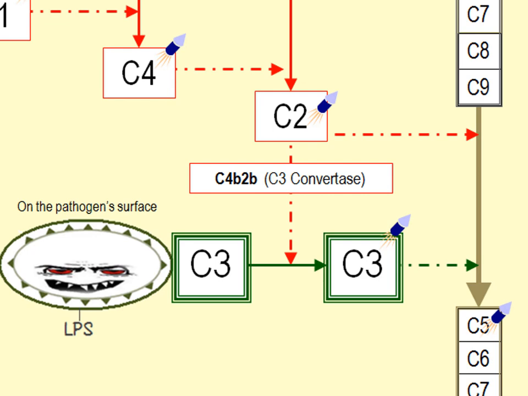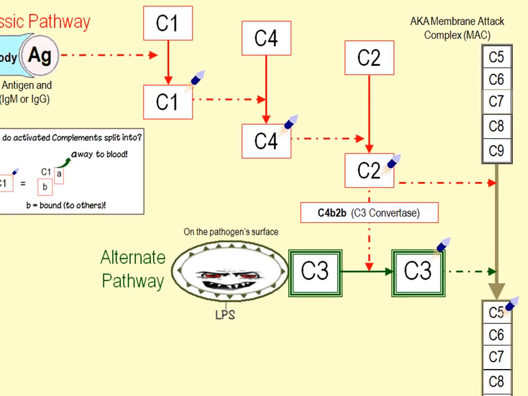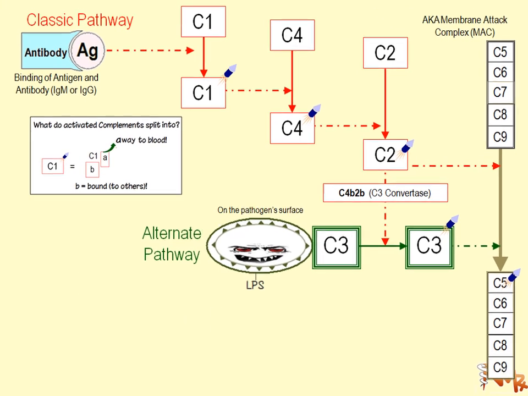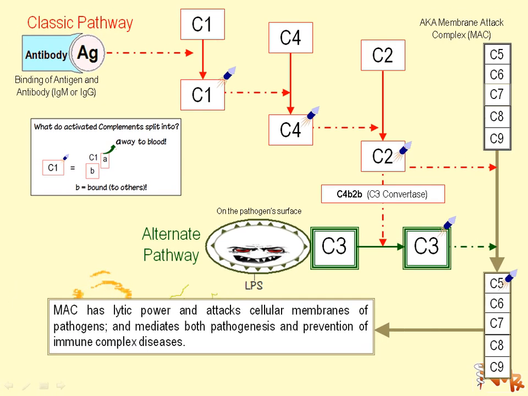And complement 3 can also activate the MAC complements, again, C5 through C9. Now that we made activated MAC complex, this complex has lytic power and attacks the cellular membrane of pathogens, mediates both pathogenesis and prevention of immune complex diseases.